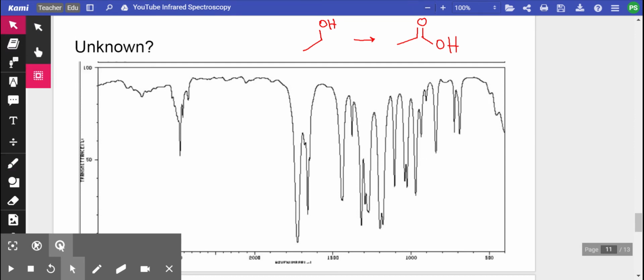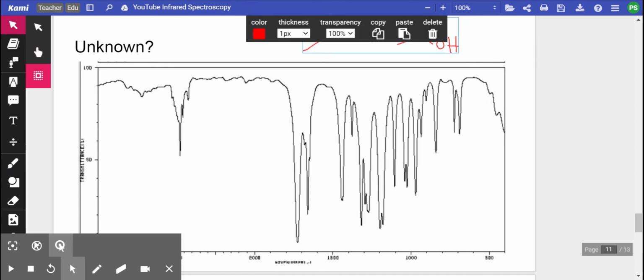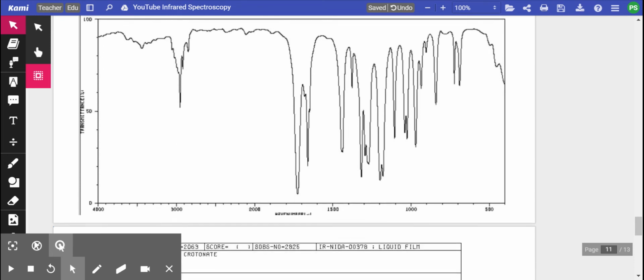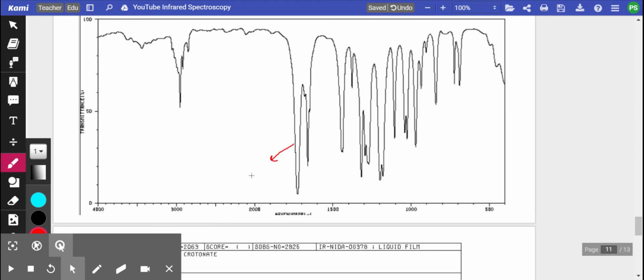Now, if you get, let's say, an unknown sample, like the one we have here in the spectra, you can identify peaks. So the clear peaks here, once you've trained and you use the data table, you can see C double bond O and C double bond C. So in fact, this compound must have a carbonyl group.